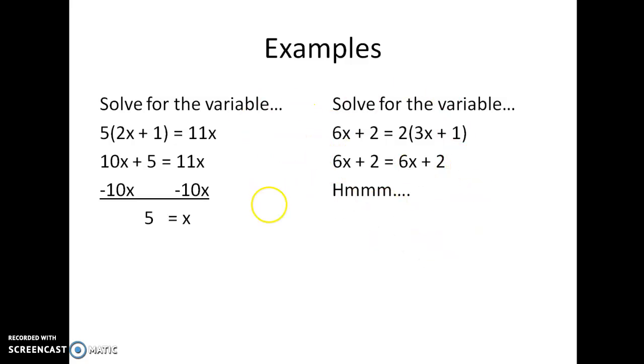So the answer to this problem is actually all real numbers. No matter what I plug into x, it's going to work on both sides, right? If I plug in a 2 right here, I get 12 plus 2, which is 14. Same thing here, 12 plus 2, 14. 14 equals 14, that's true. So the answer to this one is actually all real numbers. Okay, that's just kind of a special situation.